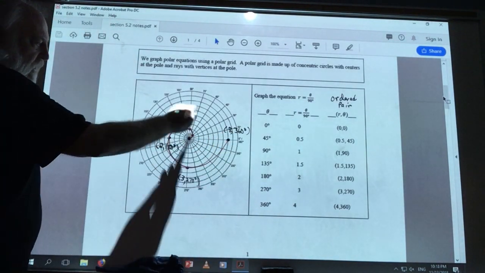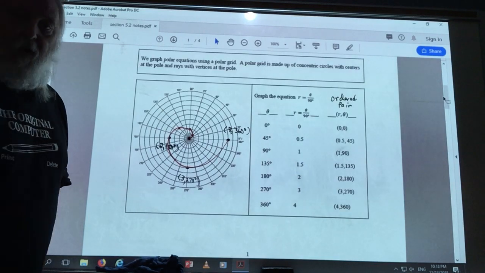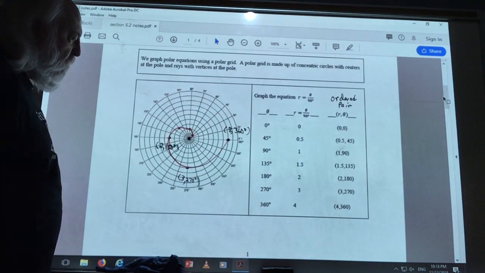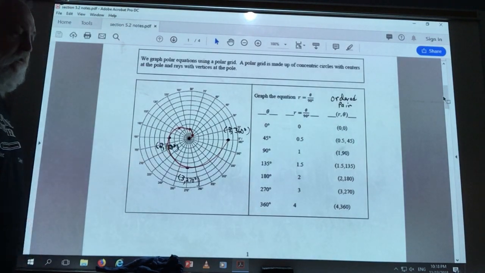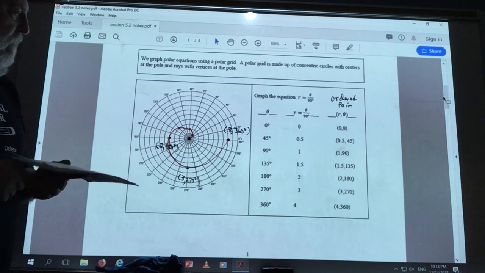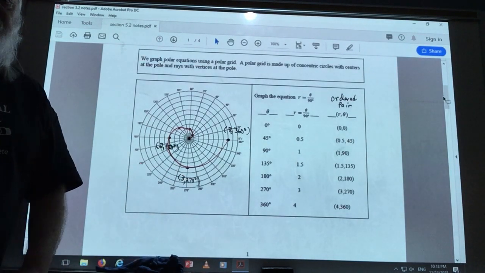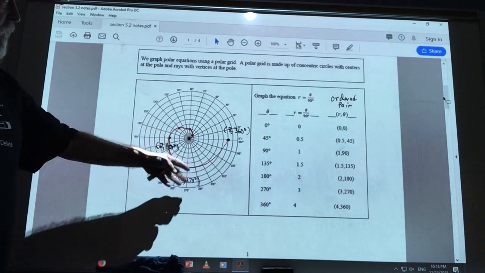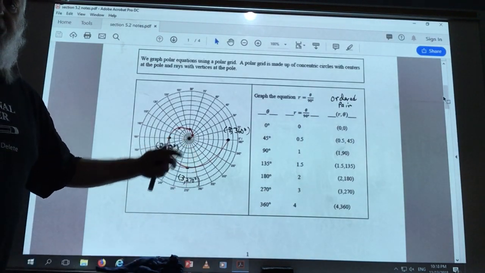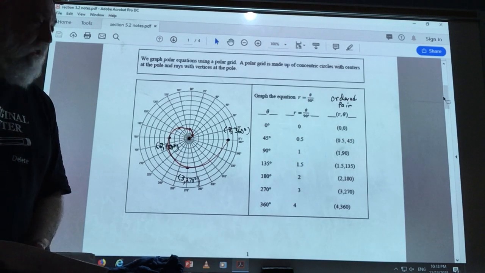That's what the graph looks like. It's actually supposed to be a spiral. Starting at the pole and connecting the dots with a smooth curve, we graph the spiral. Things like spirals are easy to graph on a polar grid. They're much more difficult to graph in the coordinate plane with rectangular coordinates.